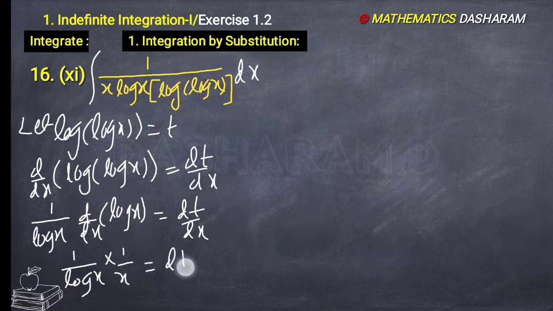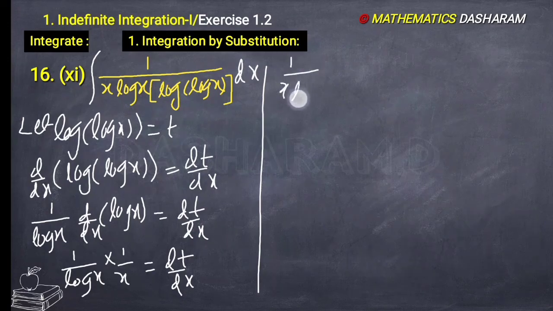It is equal to dt by dx. So now dx transposes to the left side. So 1 by x into log x dx equals dt.